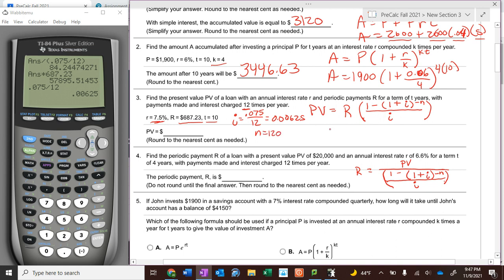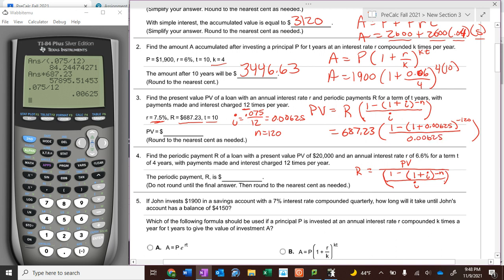So we put the numbers in: 687.23 times 1 minus 1 plus i, which is 0.00625, raised to the negative 120th power, over i, which is 0.00625.